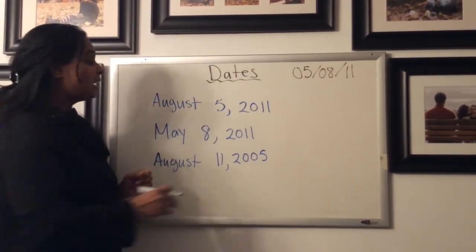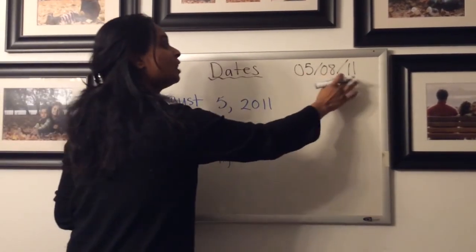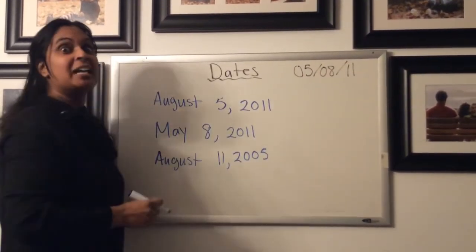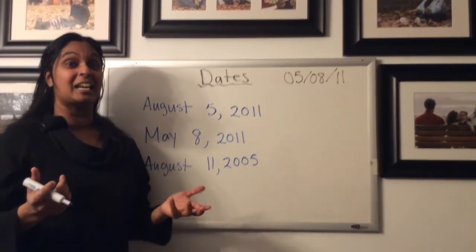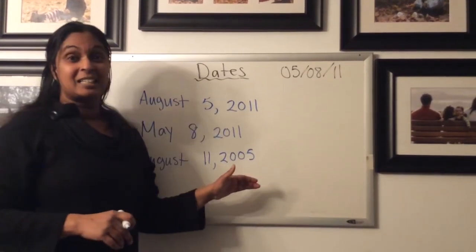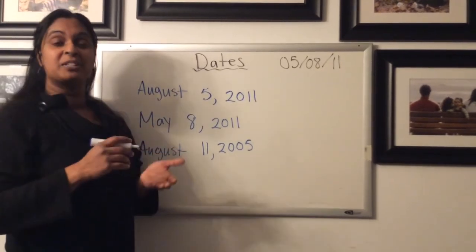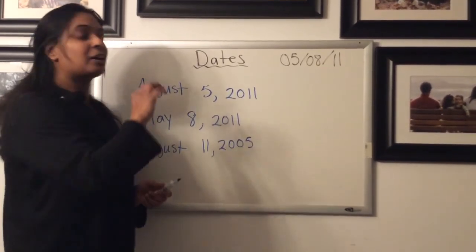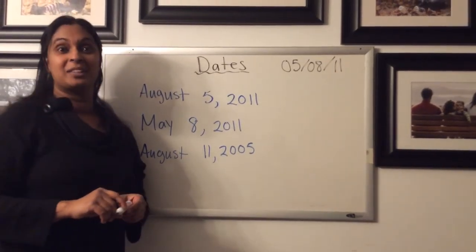Think about that as you're doing this question, because already, as we can see, if we do not tell which is which, we can come up with many different dates, and it might be very easy to make a mistake if we're reading a date and we need to use it for some information. So thinking about dates today, remembering that all of these dates can be represented in numbers only. So have a look when it tells you what form to use, and have fun working with dates today.